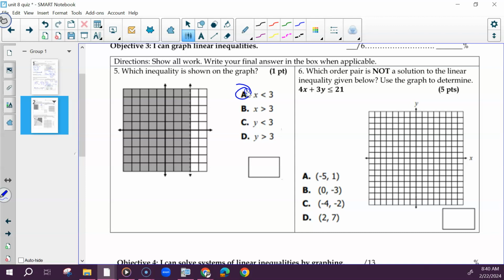For 6, we had to solve this inequality. Divide everything by 3 so that we get y is less than or equal to negative 4/3 x plus 7, and then graph that.